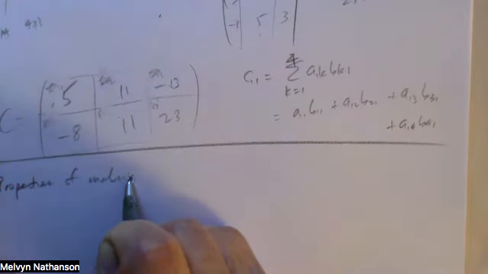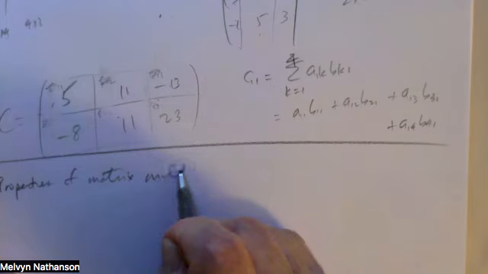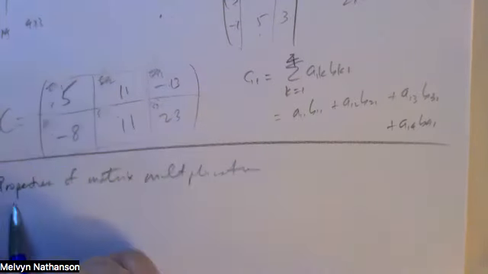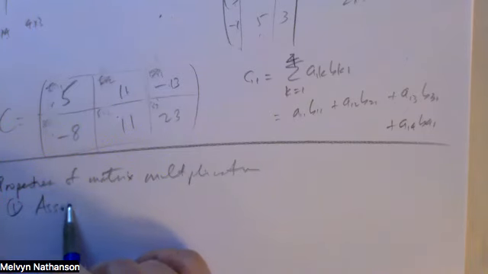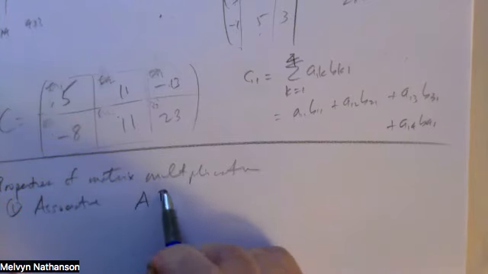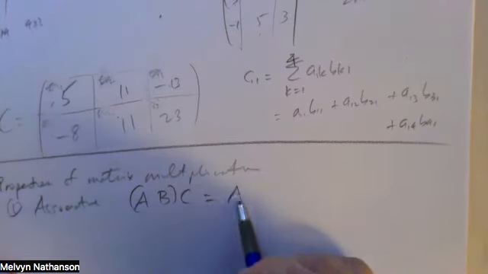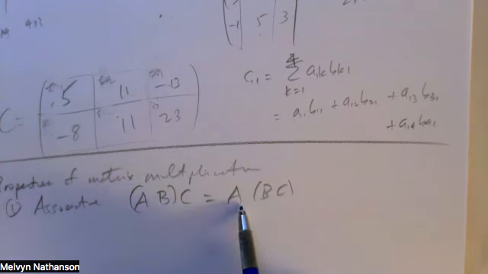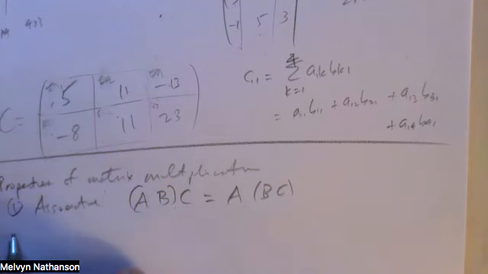Properties of matrix multiplication. The first is it's associative. Where the products are all defined, AB times C is A times BC. A, B, and C are matrices. You can multiply A and B, you can multiply A, B, and C. Wherever these multiplications are defined, you have this associative property.